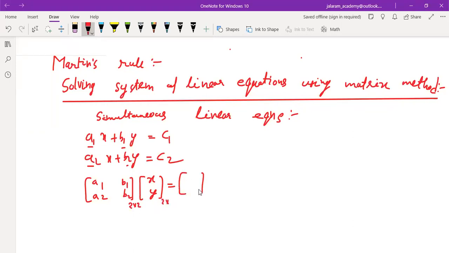So when we find the product it will be a matrix of order 2 cross 1 again. So these are the matrix equations which are formed by the simultaneous linear equations of two variables only.